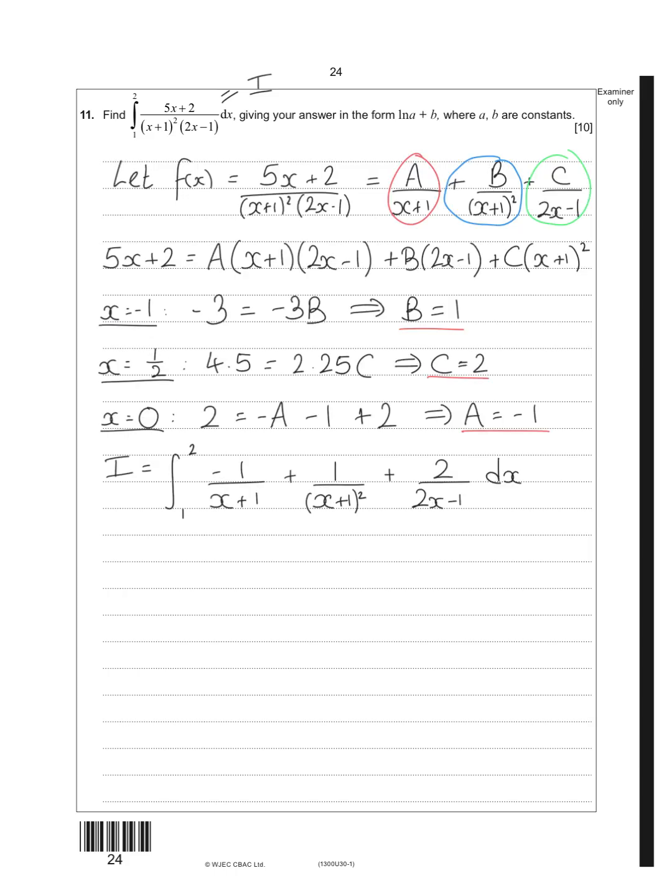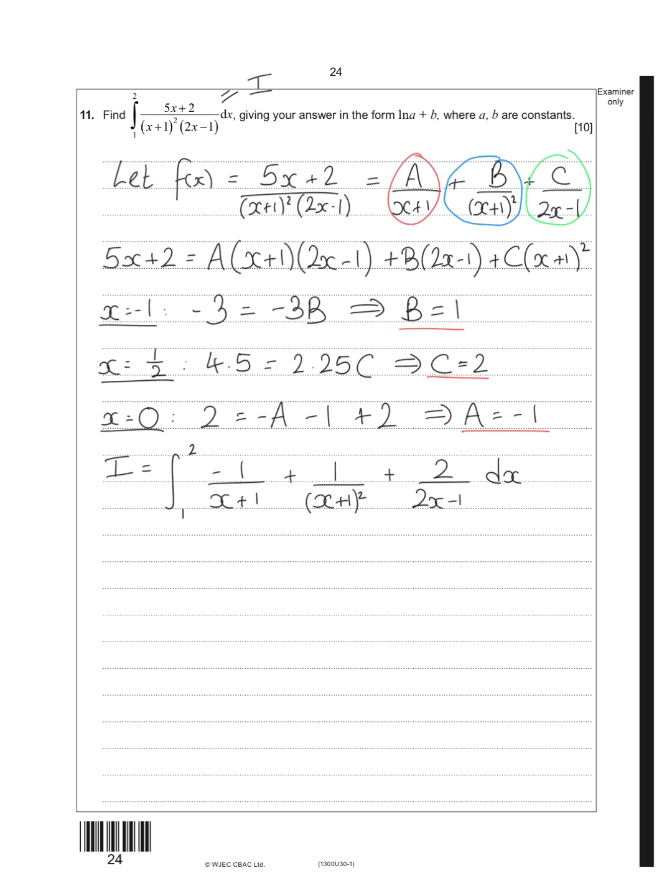So I'm going to have -1 over x plus 1, then 1 over (x plus 1) squared, and then 2 over 2x minus 1, and that's all integrated with respect to x. Now I can see there's going to be a lot of logs going on here.